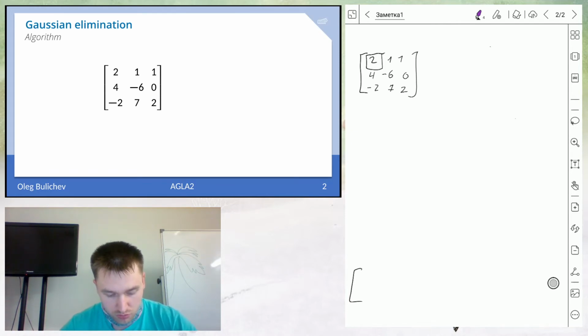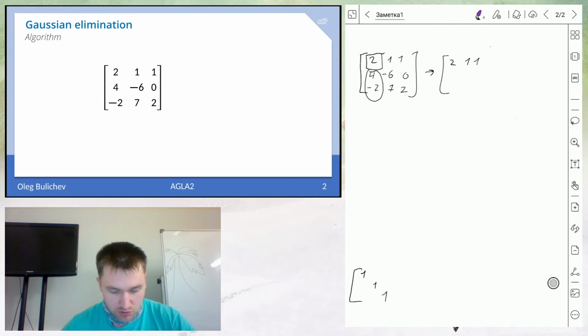So we are taking 2. What is our goal? We want the lower part to be equal to 0. How can we do this? We need to multiply our pivot by such a value that the result eliminates the entry. In the first case, the bottom matrix should have 1 1 1, and we want to eliminate 4.